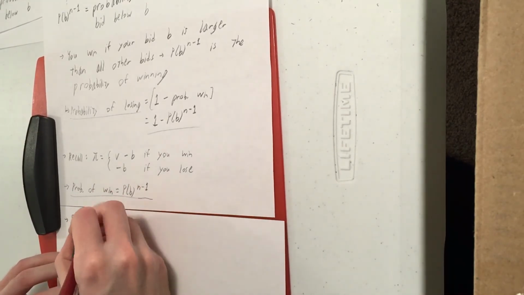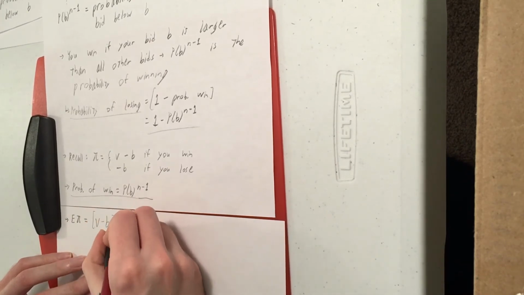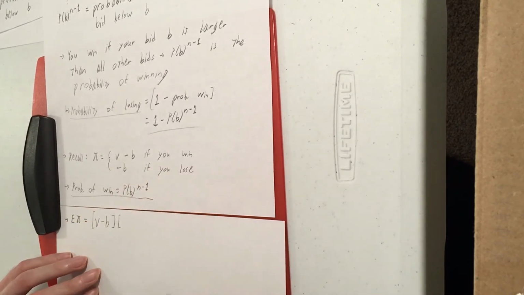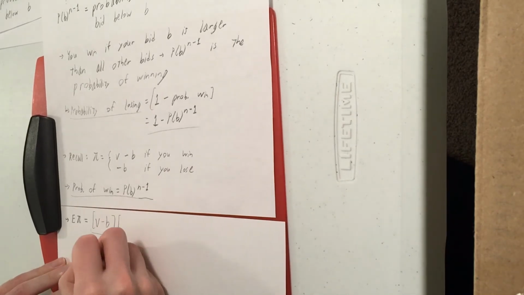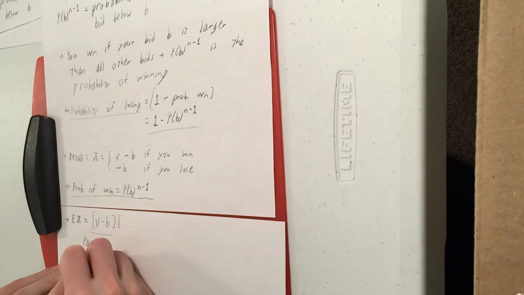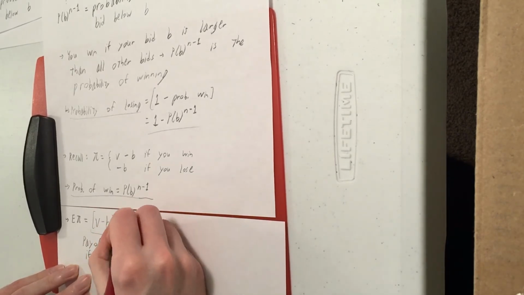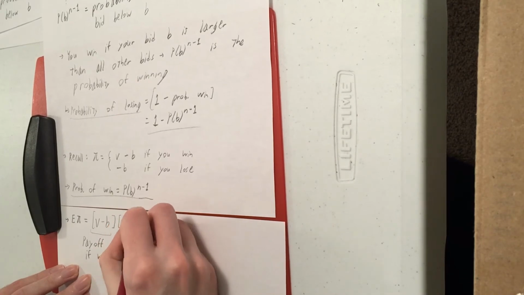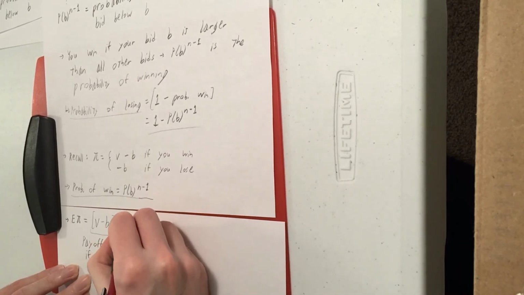If you win, you get V minus B. The probability of winning we established was P of B raised to the power of n minus 1.